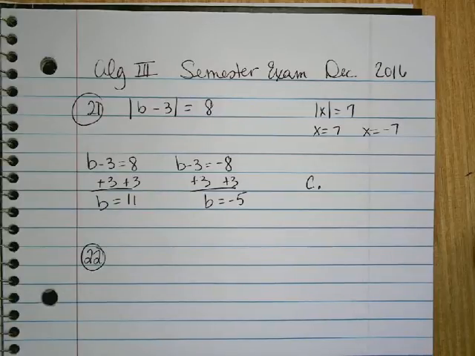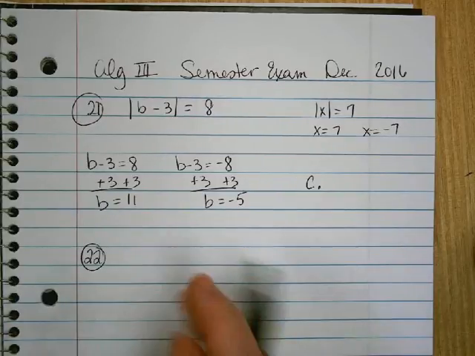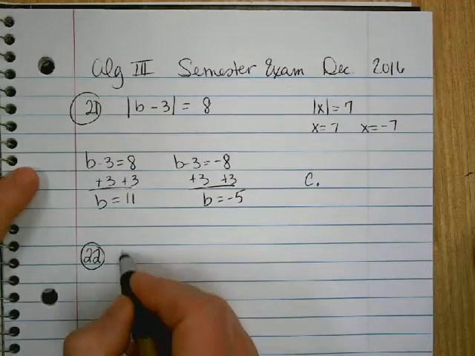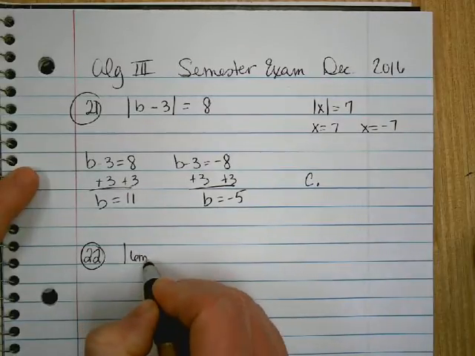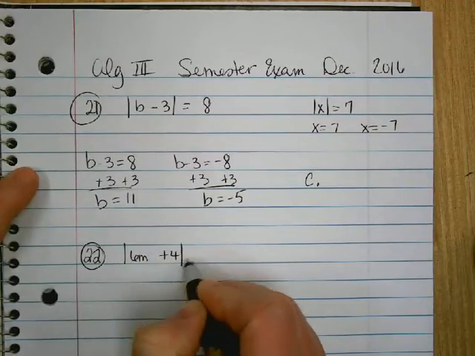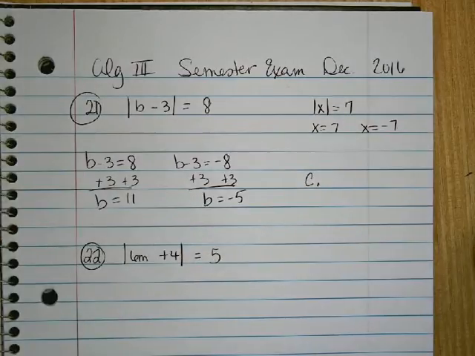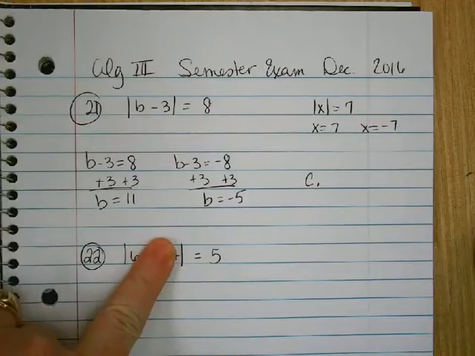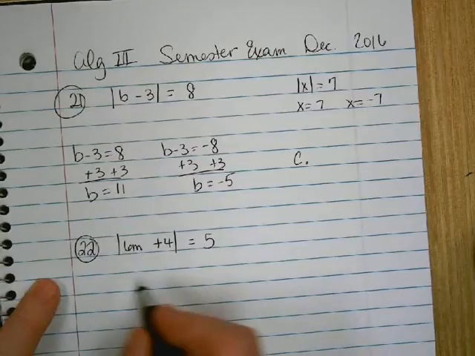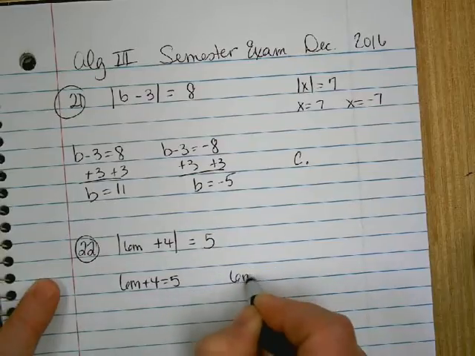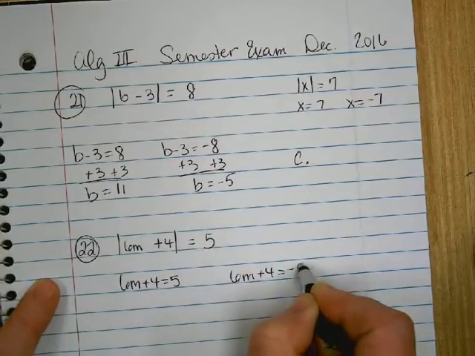Number 22 says the absolute value of 6m plus 4 is equal to 5. So the absolute value of the stuff under my finger is equal to 5, or it's equal to negative 5.